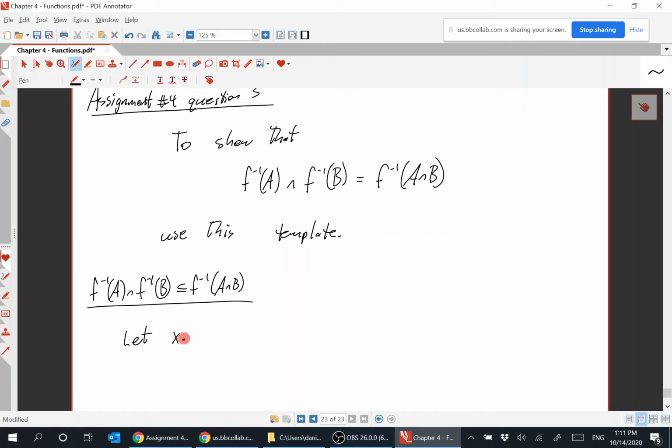Let X be an element of preimage A and preimage B. Mm-hmm. And then you want to show it's an element of that.